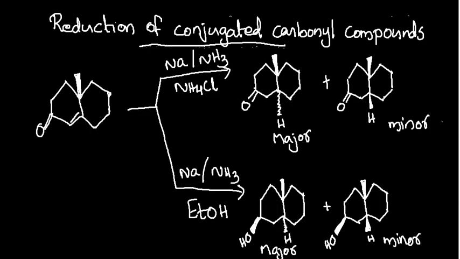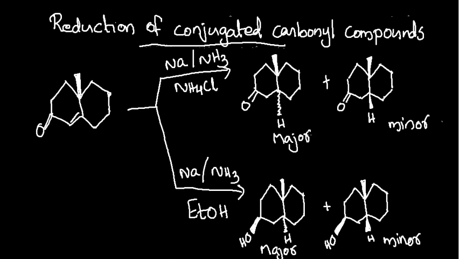For example, this is a conjugated decalone. In the presence of sodium, liquid ammonia, and ammonium chloride as a proton source, it will be converted into a ketone, and this double bond will be reduced into a saturated bond, and here the hydrogen will be on the lower face. The CH3 group is on the upper face, and here the hydrogen will be on the lower face.